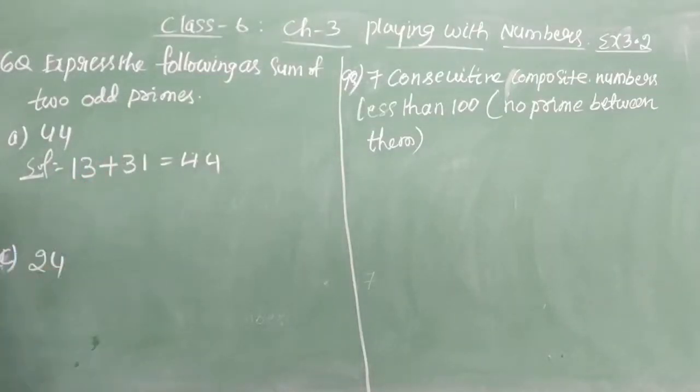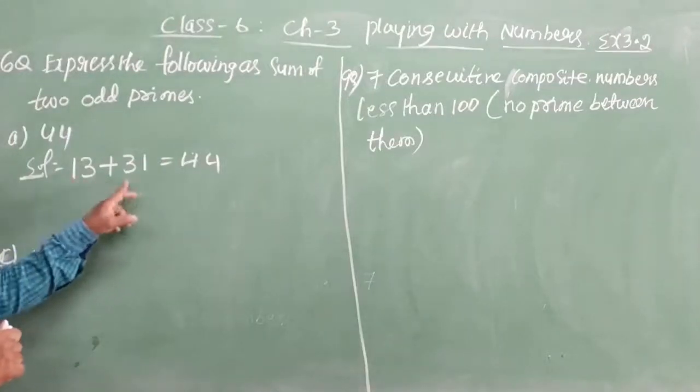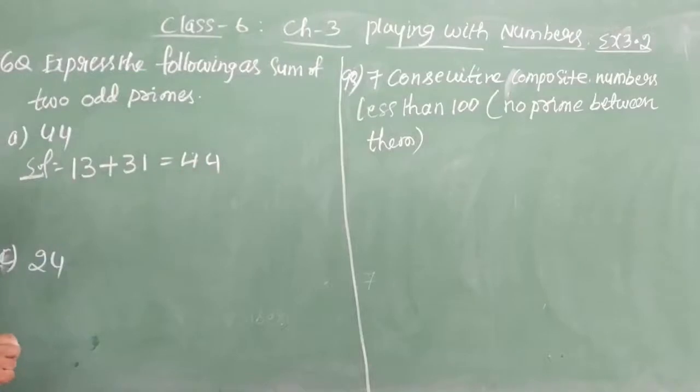This is one pair. Is there any other pair you could express in a different way? Like 11 and any other number? No. So 13 plus 31 is equal to 44. Both are odd prime numbers.